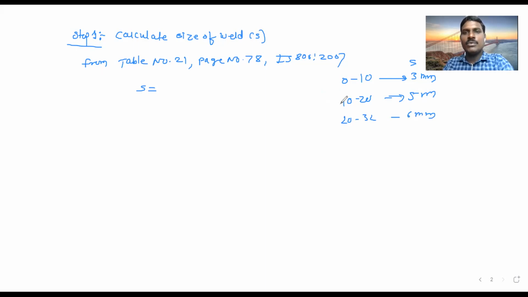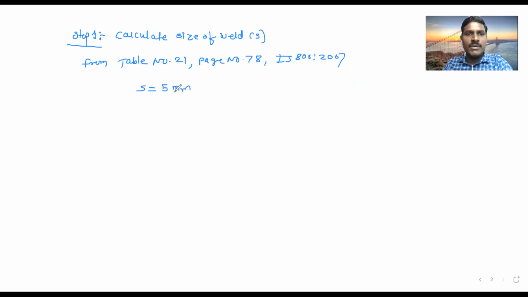If you do not open the IS code, then you will not understand anything. Please open the IS code, go to page number 78 and find this value. This is 5 mm, no? So you have to go to this particular table.